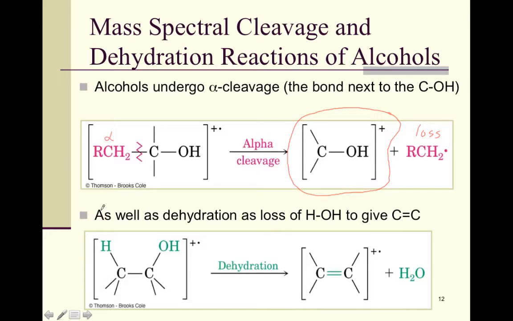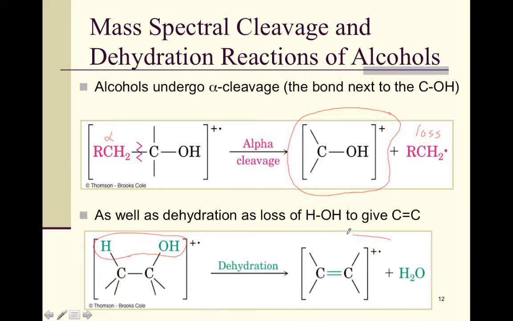A second thing that happens to alcohols during this mass spectrum process, where it's being bombarded with electrons, is that a reaction can happen. This hydrogen, along with this OH on our alcohol, so this hydrogen is on an adjacent carbon to the carbon that has the OH on it, can undergo a dehydration reaction. This is also an elimination reaction.